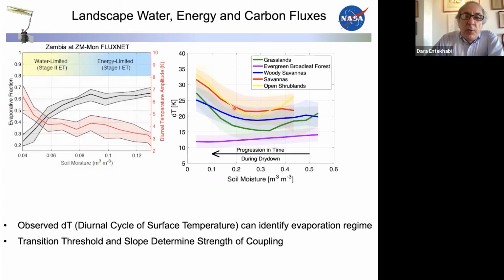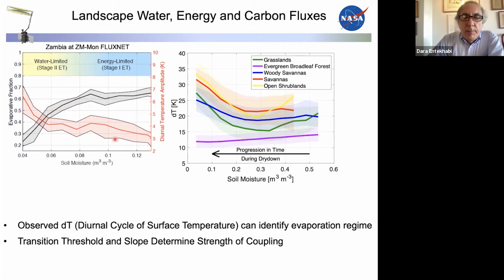And just to make sure that this is a reasonable assumption, this is at a FluxNet site in Zambia. This is evaporation fraction, the black, as a function of soil moisture. You see the 2 regimes.